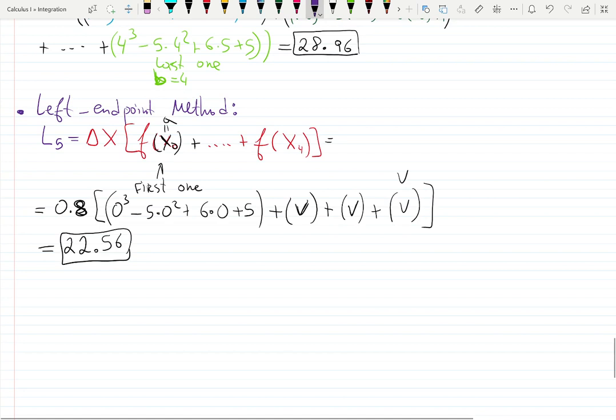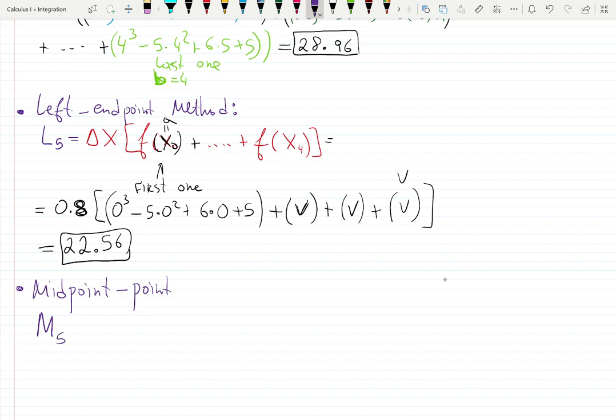Finally, the midpoint is the most annoying one, but it actually gives a much better approximation in most cases. The midpoint usually is M sub 5 in American notation, and the idea is the same, delta x, but you plug in midpoints here, so something completely different.